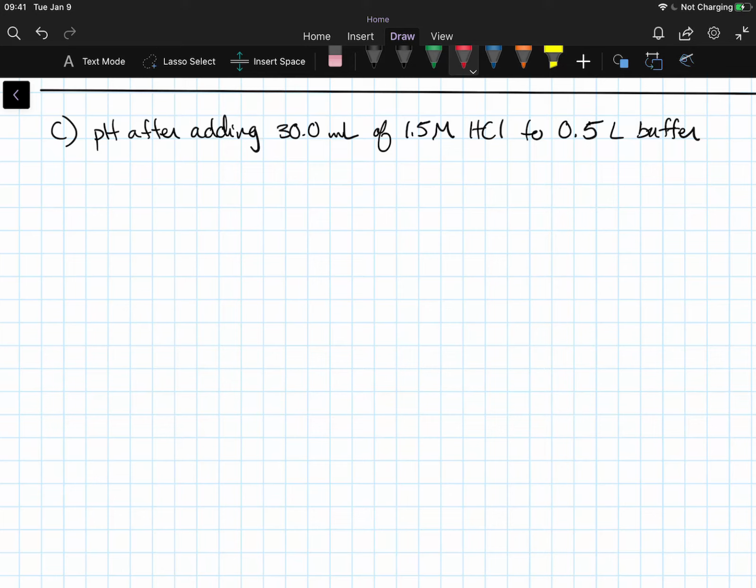And as I said in part B, now we're changing the volume because we're adding a liquid component to our buffer, so we're going to be increasing the volume. So we have to calculate new concentrations. We're going to be diluting all of the components.